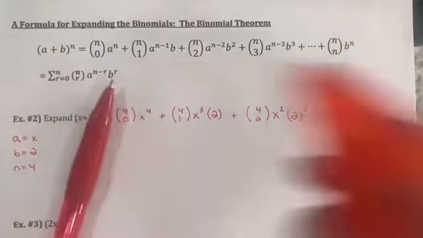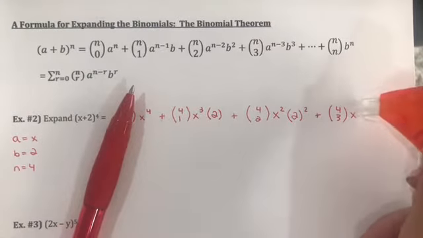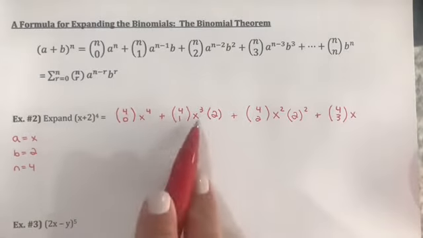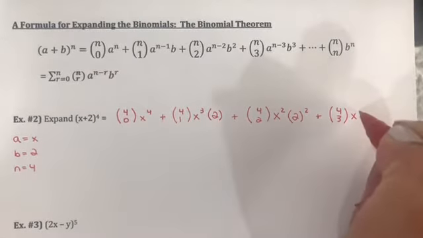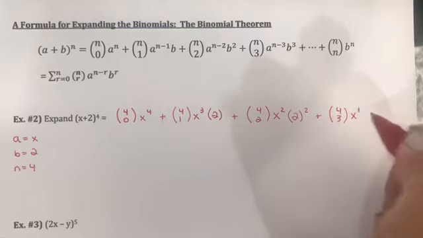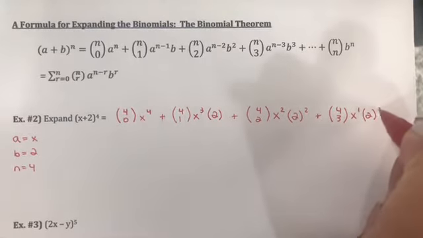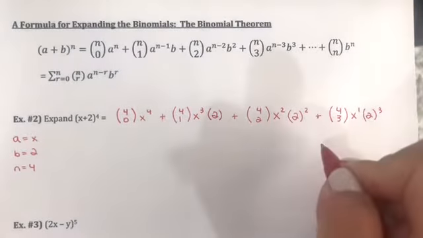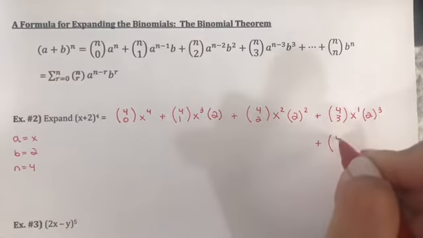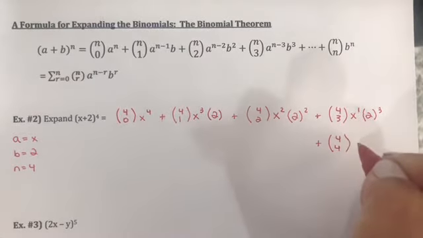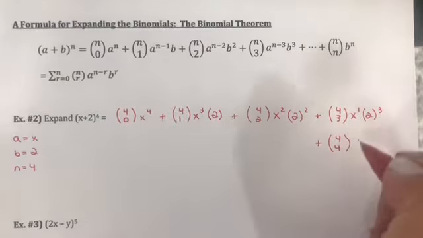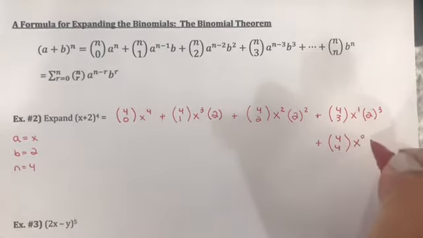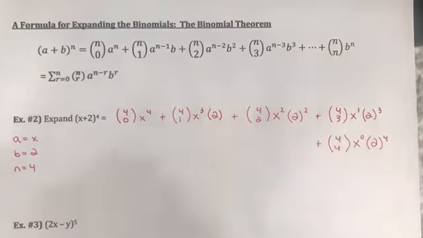Ooh, that's a mistake. We're decreasing our x's. So notice we had x to the fourth, third, squared, and then to the first. You could write that in if you want. 2 cubed. And then finally our last term, x to the 0 means we don't have any. We can simplify that later. And then 2 to the fourth.